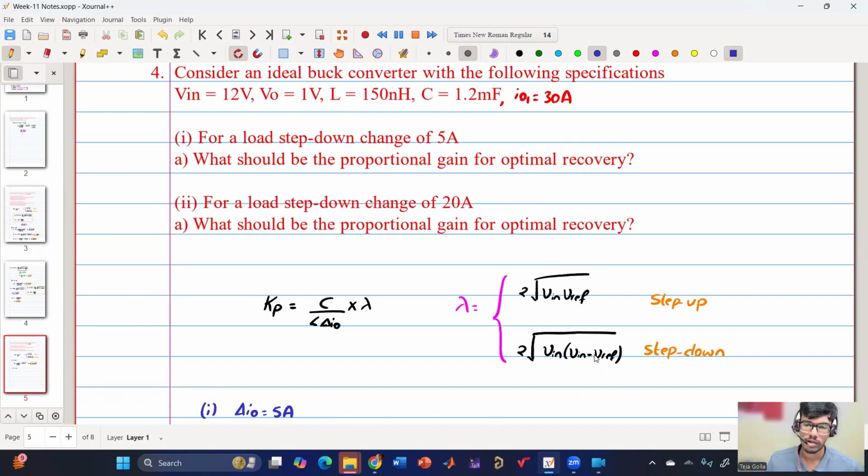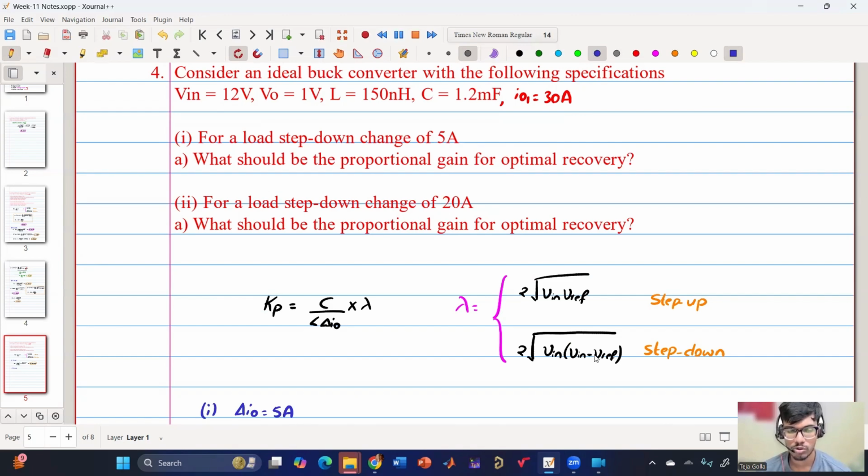So for any converter, the step up optimal proportional gain and the step down low transient optimal proportional gain need not be the same, and they can be different. So either we have to detect whether it is load step up or load step down, and then accordingly use the gains, which is called gain scheduling.